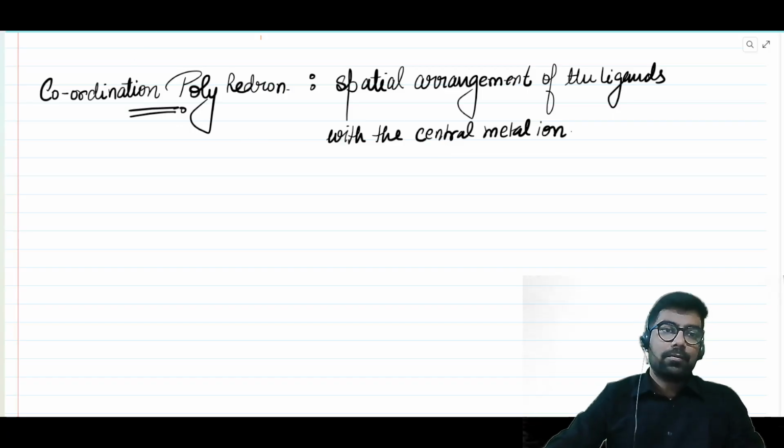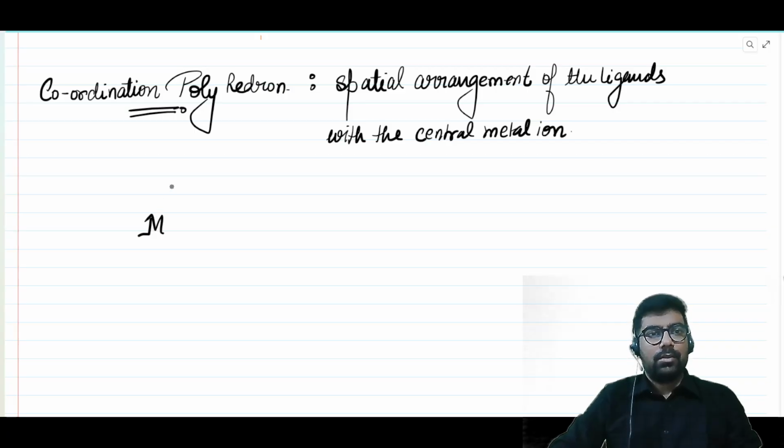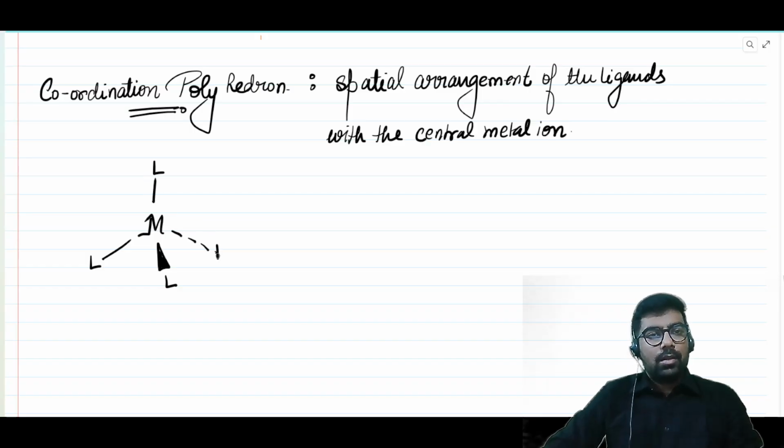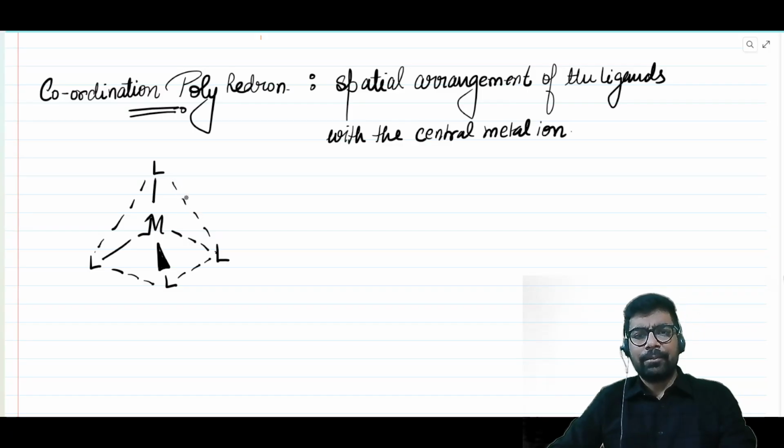Okay, now if you have done chemical bonding, we know that the shapes can be of different type. For example, if the metal is over here and we have something like this, let's say the ligand is L, and then there is this L, this L, this L. So this is tetrahedral.